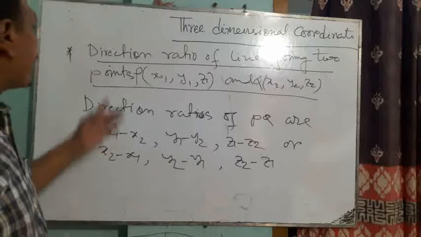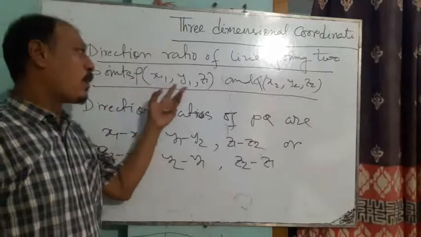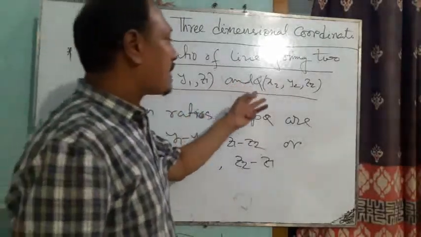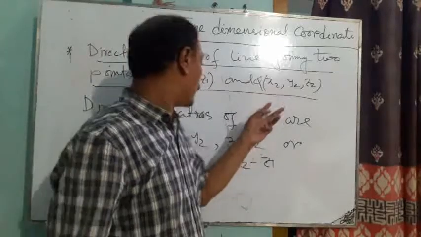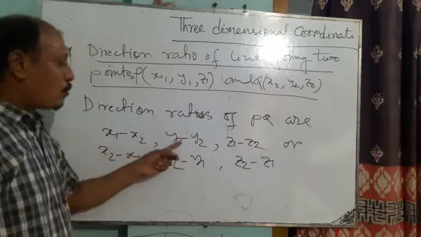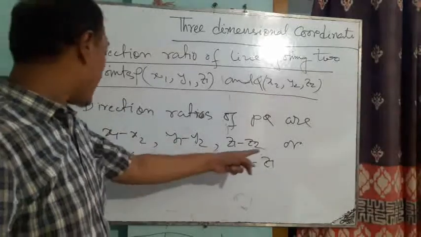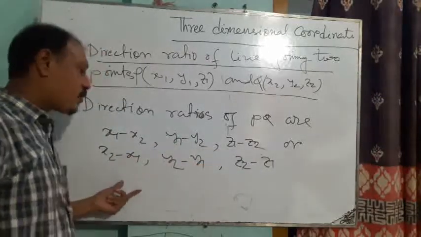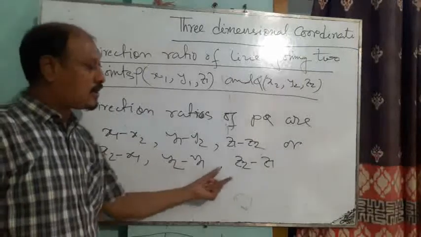If the line joins two points P(x1, y1, z1) and Q(x2, y2, z2), then the direction ratios of PQ are x1 minus x2, y1 minus y2, z1 minus z2, or x2 minus x1, y2 minus y1, z2 minus z1.